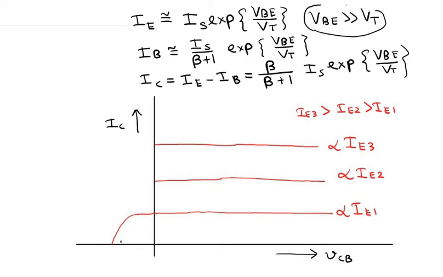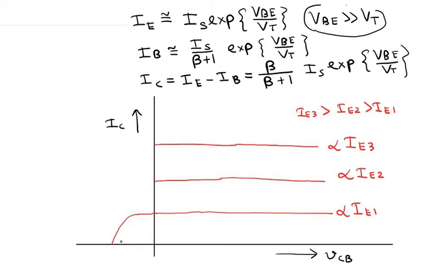The electric field at the base to collector junction sweeps these electrons and takes them to the collector terminal. Now if VCB becomes negative, the base to collector junction is gradually forward biased.